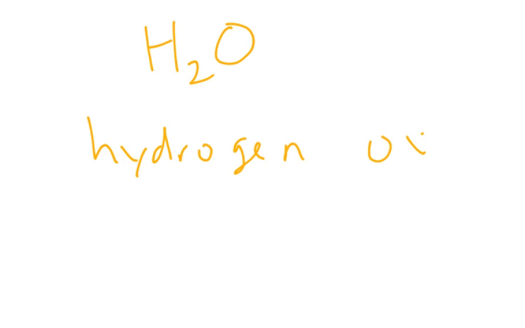In the next one we have what we commonly call water, but it does have a technical name. This is going to be hydrogen something oxide. Now let's take care of the prefixes. There's 2 hydrogens, so that's going to be dihydrogen. There's only 1 oxygen, so that's going to be mon.